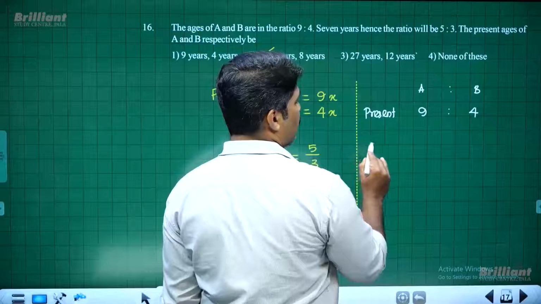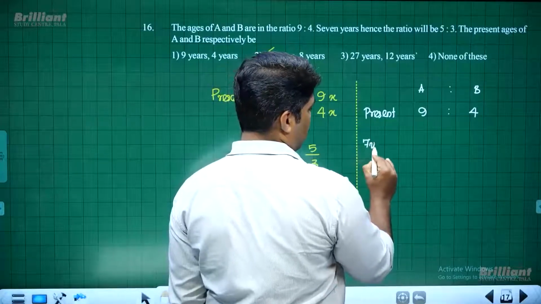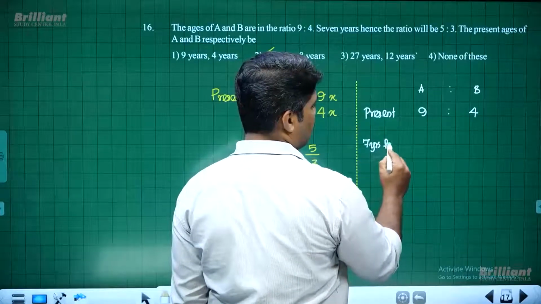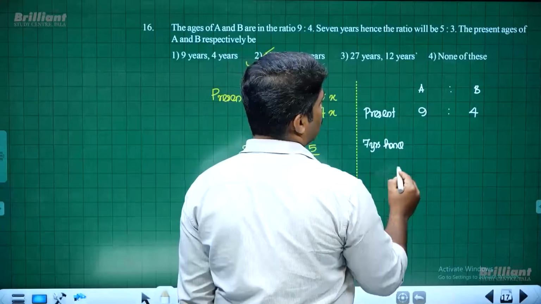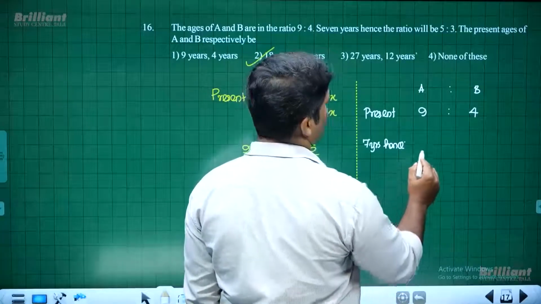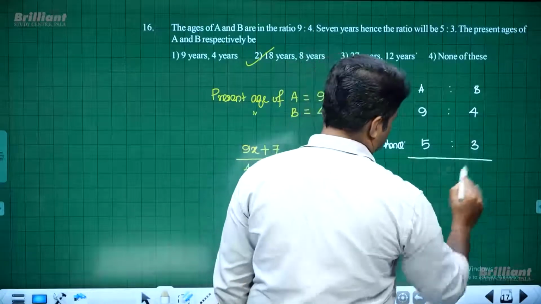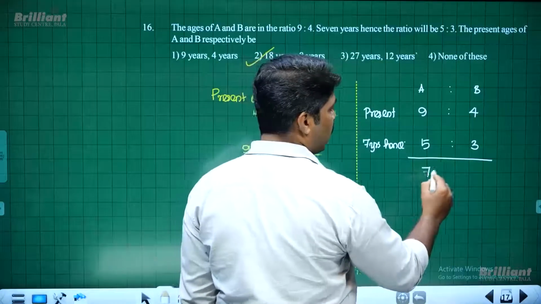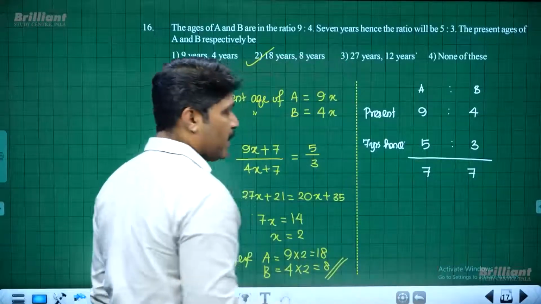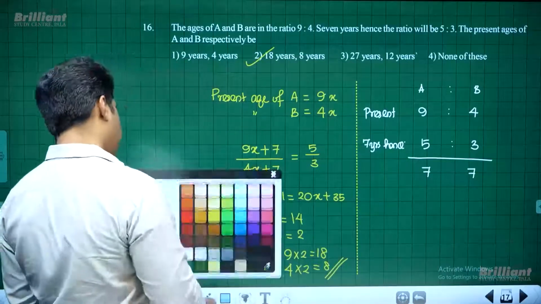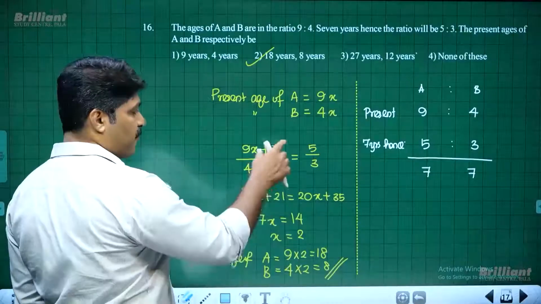Seven years hence, this ratio is equal to 5:3. You simply write those 7 here, because it is 7 years for each.